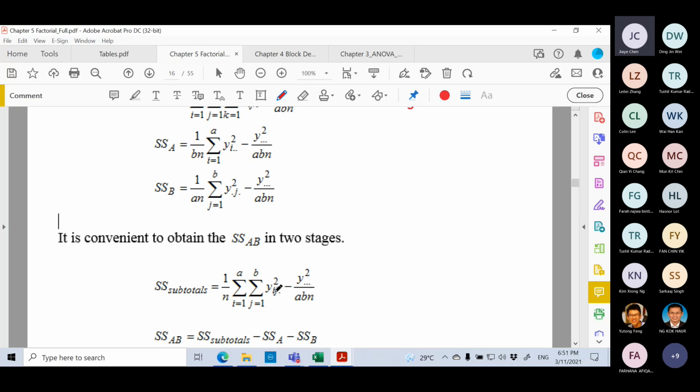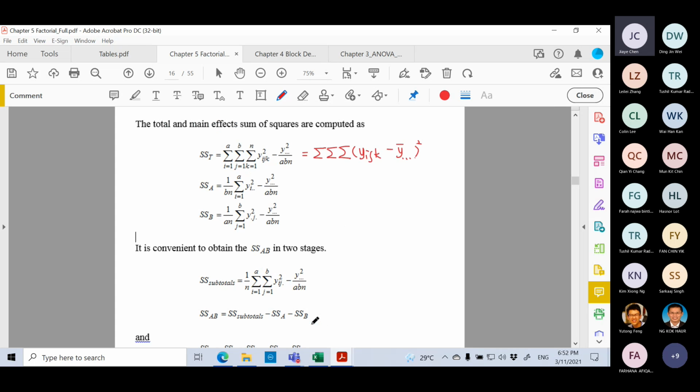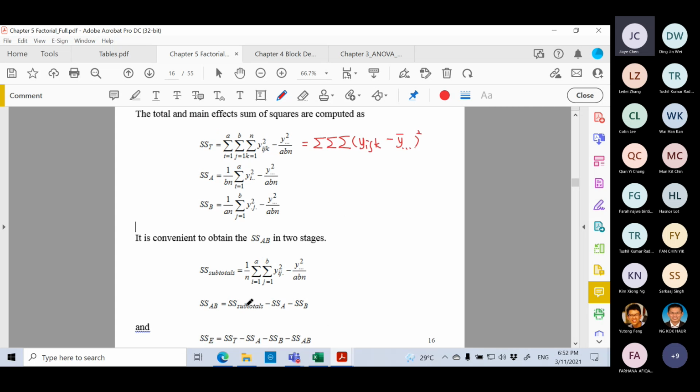Here yij dot means the cell ij, so you square it out. Then the sum of squares for AB is equal to the sum of squares for the subtotal minus the sum of squares for A minus the sum of squares for B. This is a shortcut for calculating all the sums of squares.